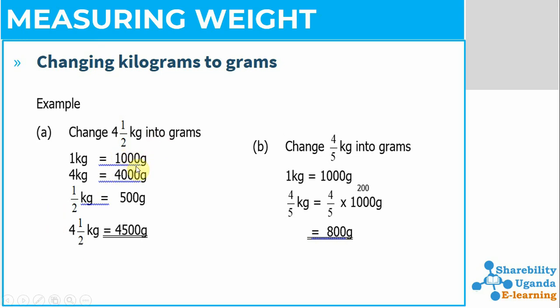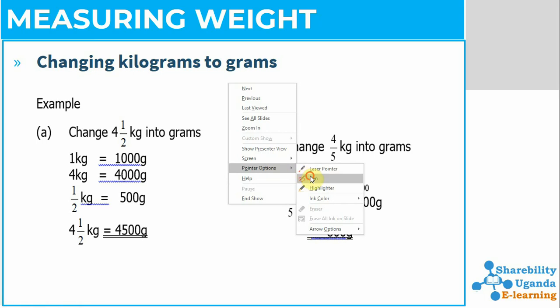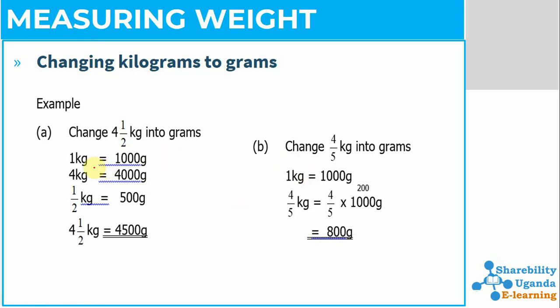the grams and the kilograms. Now here we have a clarification. Let me get my pen. We have a clarification here that 1 kilogram is the same as 1,000 grams.